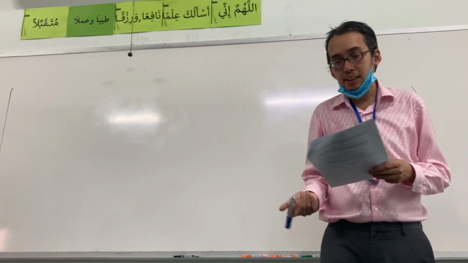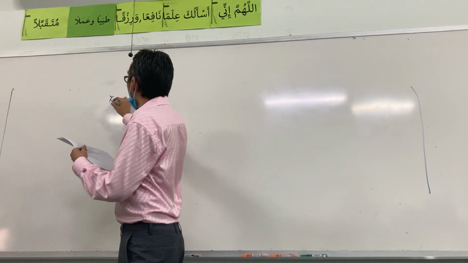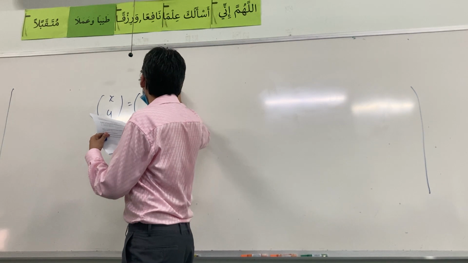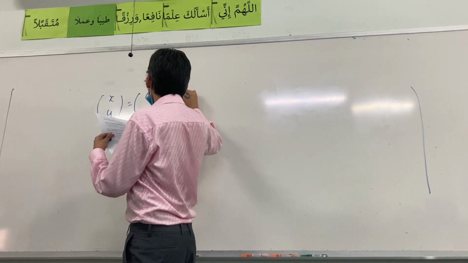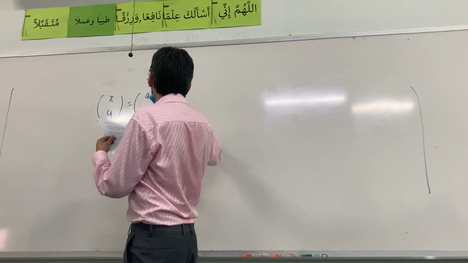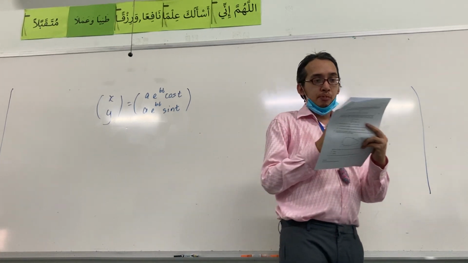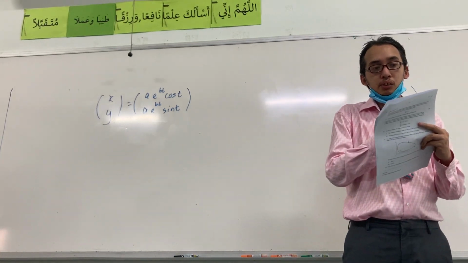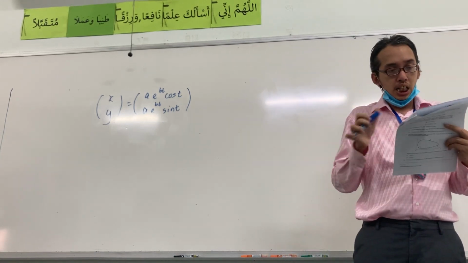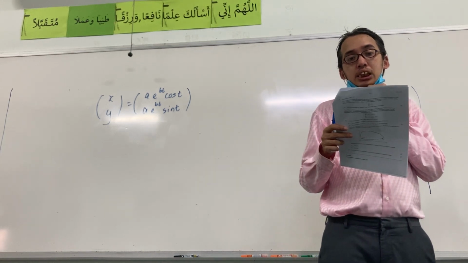Let's write it down first. x, y is given as a e^(bt) cos t, and a e^(bt) sin t, with respect to a rectangular coordinate system from a point O, where the non-zero constants a and b can be determined. They didn't give a and b. All distances are in meters.